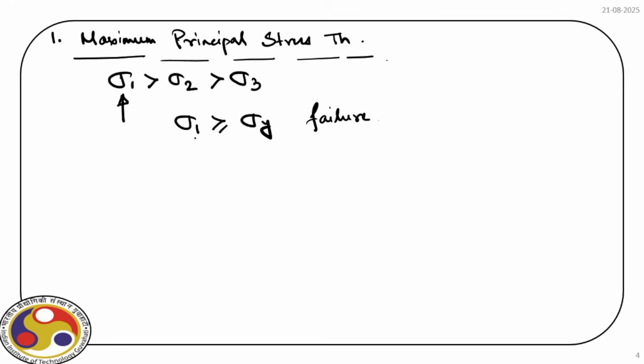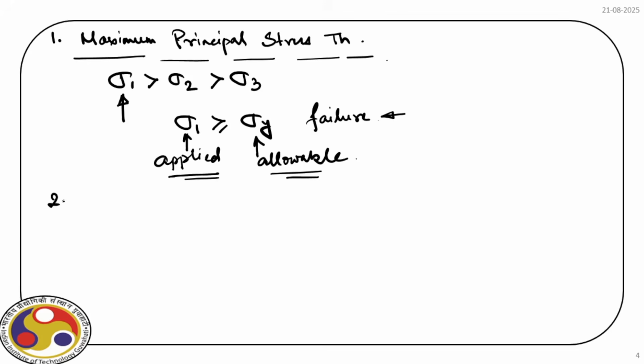That means sigma 1, which is the applied stress, and sigma y that we get from the uniaxial test, this is allowable. So if the applied stress is more than the allowable stress, then obviously the material fails. And so long this applied stress is less than the allowable stress, in our case it is sigma y, then our material is safe, right? So that's the maximum principal stress theory.